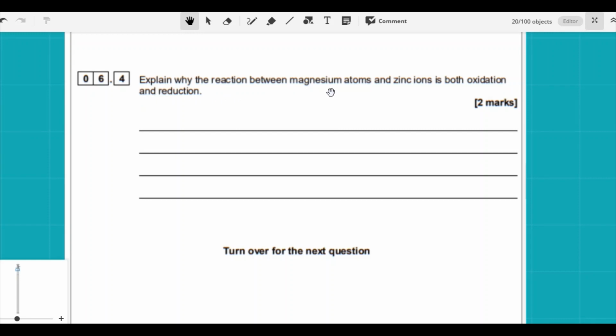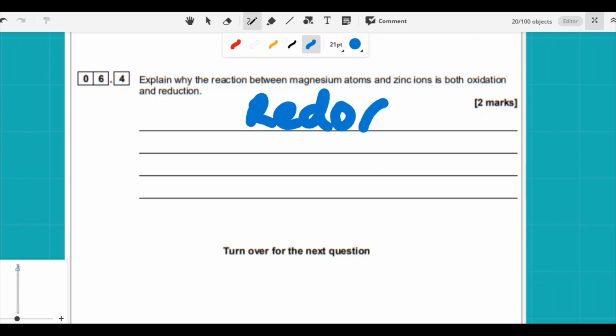Now the next question, 6.4. Explain why the reaction between magnesium atoms and zinc ions is both oxidation and reduction. Please remember that oxidation and reduction together means redox. It means that it is a redox reaction. Why? Because here the magnesium is oxidized.